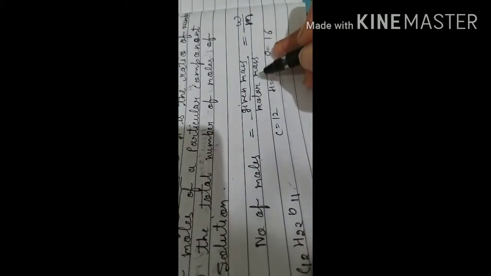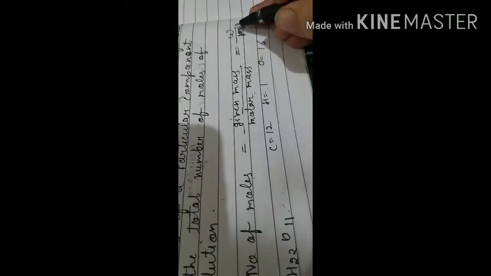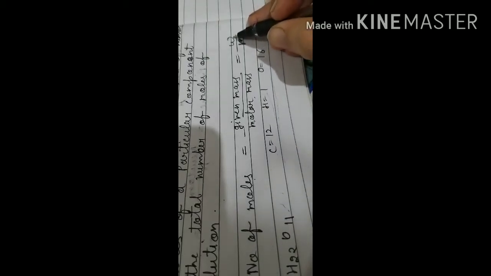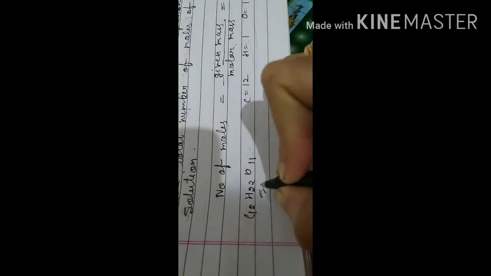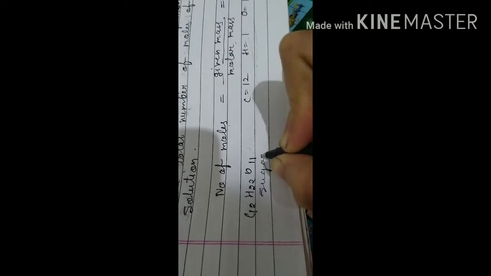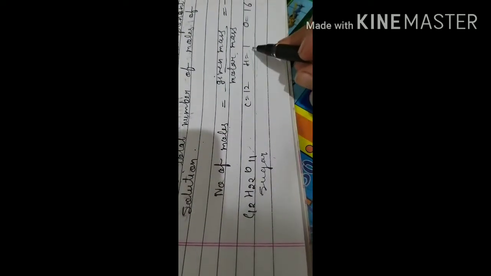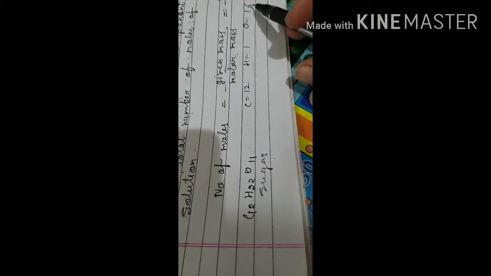Same thing, like suppose we are talking about 20 gram of glucose, W will be 20 gram, and the molar mass we calculate by putting in the values. Suppose we take sugar, the formula of sugar is C12H22O11. To calculate its molar mass, 12 into 12 plus 1 into 22 plus 16 into 11.